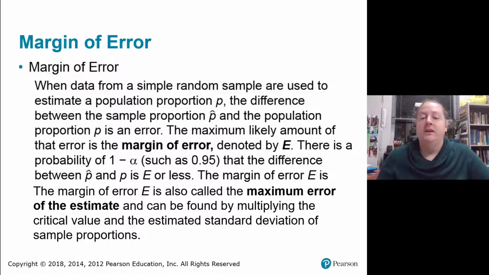So the margin of error E is also known as the maximum error of the estimate, and it can be found by multiplying the critical value and the estimated standard deviation of sample proportions.